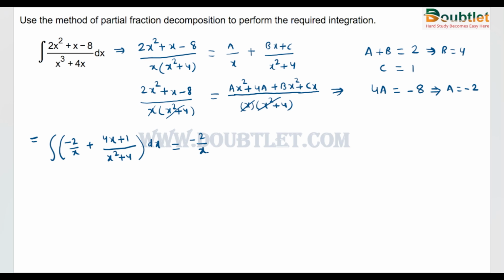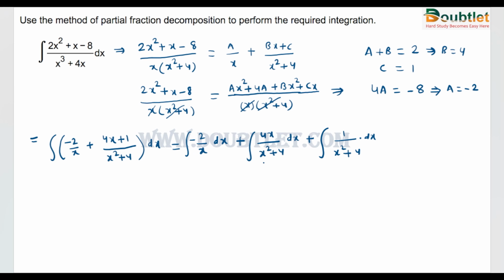By the distributive property of integration, we can separate each fraction. So we can break down this fraction as the integration of 4x divided by x square plus 4 dx, plus the integration of 1 divided by x square plus 4 dx.